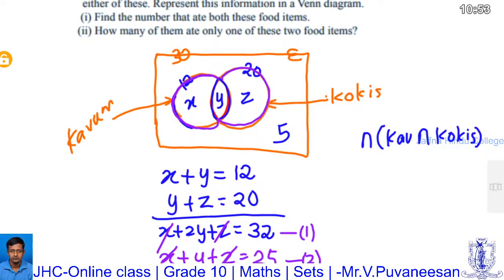What is the first question? Find the number that ate both these two food items. That is y, 7. The answer for the first question is 7.